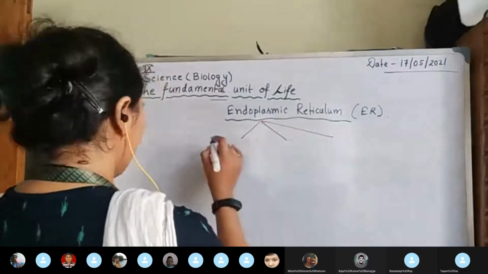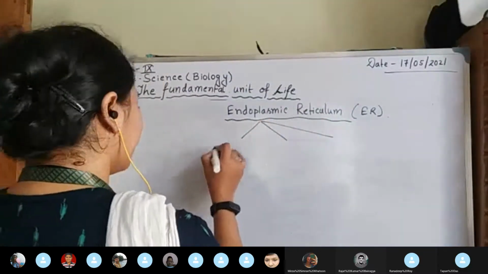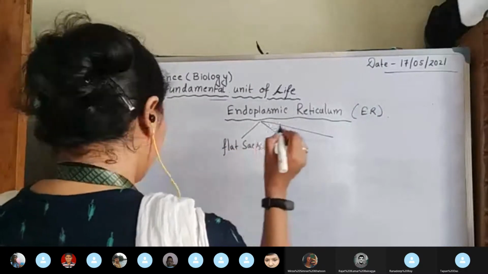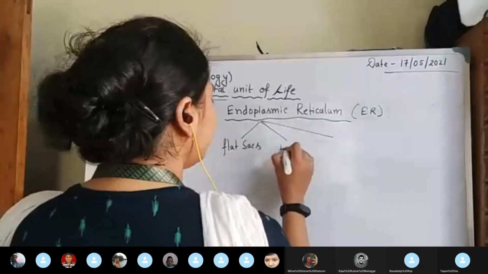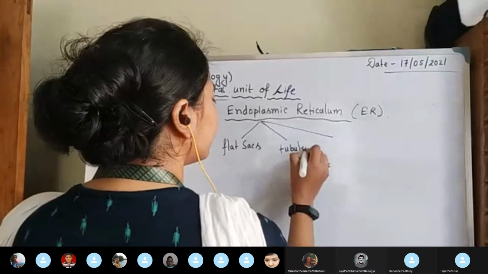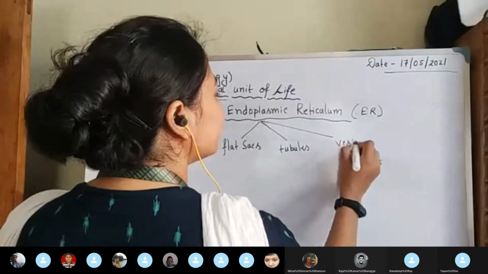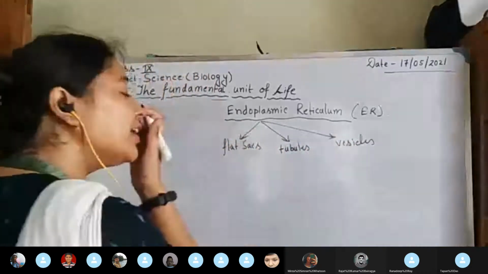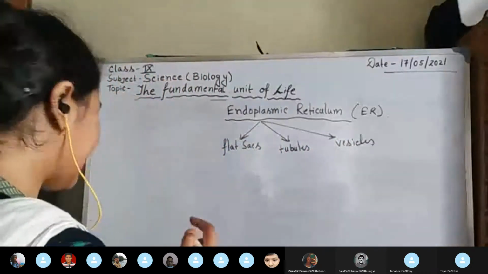What are those three things? One is flat sacs, next tubules, and next vesicles. Now how do these flat sacs look?